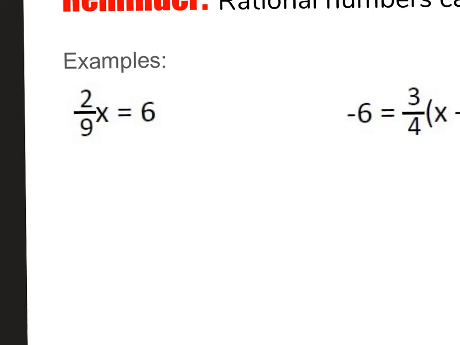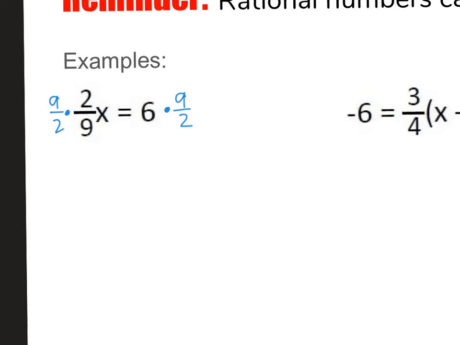To divide by it, we're going to multiply by the reciprocal, which means we flip the numerator and the denominator, or the top and the bottom. So to get rid of 2/9, I'm going to multiply both sides, with my dot, not my x, by 9/2, to make it disappear.